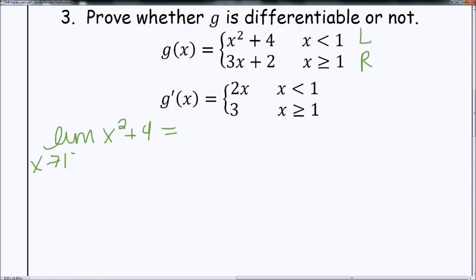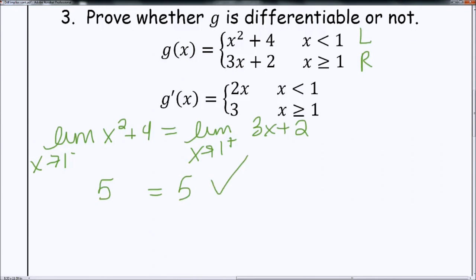That should equal the limit as x approaches 1 from the right of 3x plus 2. And if you notice, this is going to be the left-hand side, it's going to be 5. If I plug in 1 on the right-hand side, it's going to also be 5. So in terms of continuity, we're good.